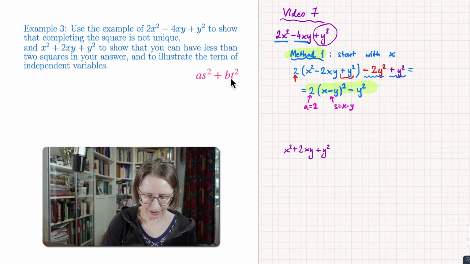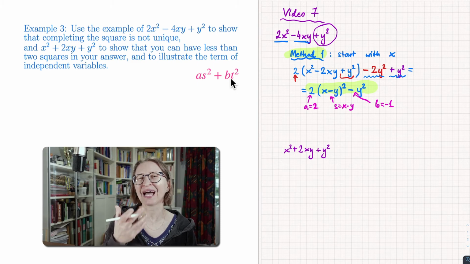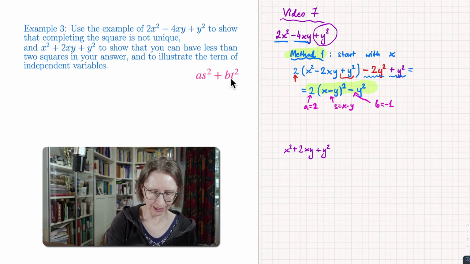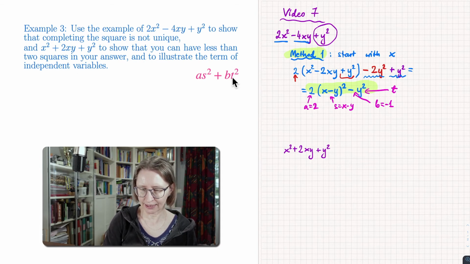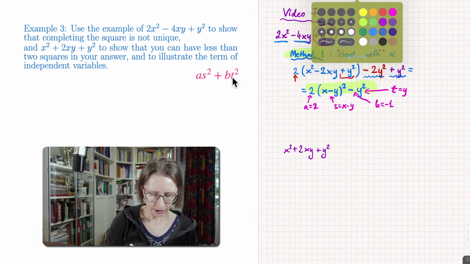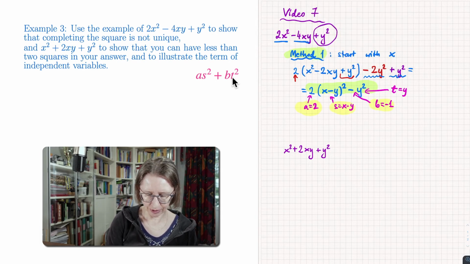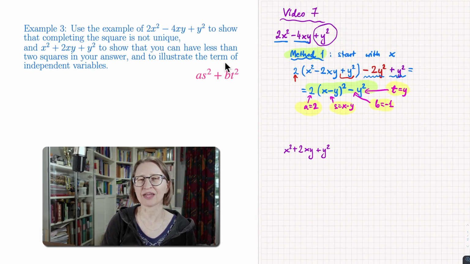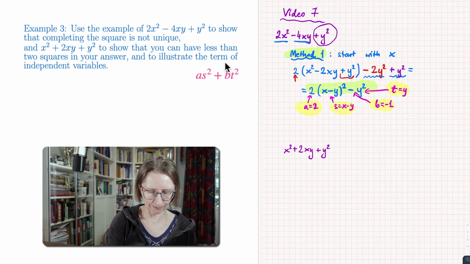Then our b is equal to minus 1, because you have minus 1 times y squared, and our t is equal to y. So you see, you have a, s, b, and t as in the general formula.